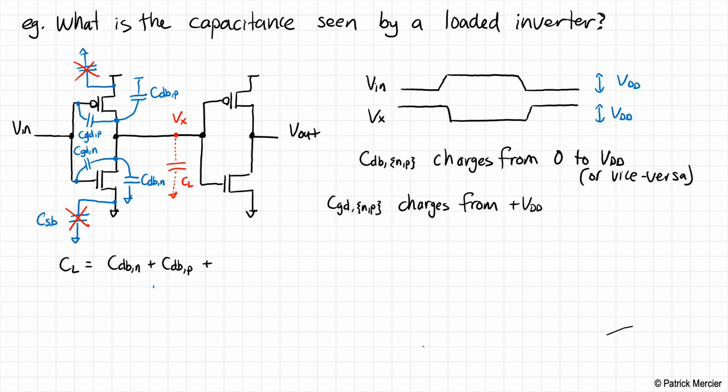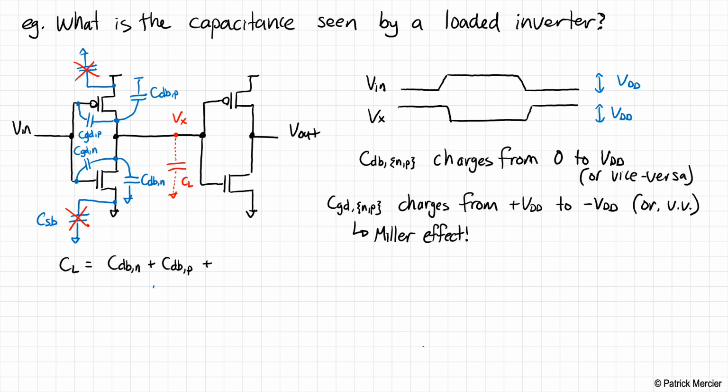So it charges from plus VDD to minus VDD, or vice versa. Okay, so this actually starts to imply something that's perhaps familiar to those of you who've done your analog classes. We have a capacitor whose voltage on both sides is changing, and it's changing in the opposite direction. So this results in, yes, the Miller effect.